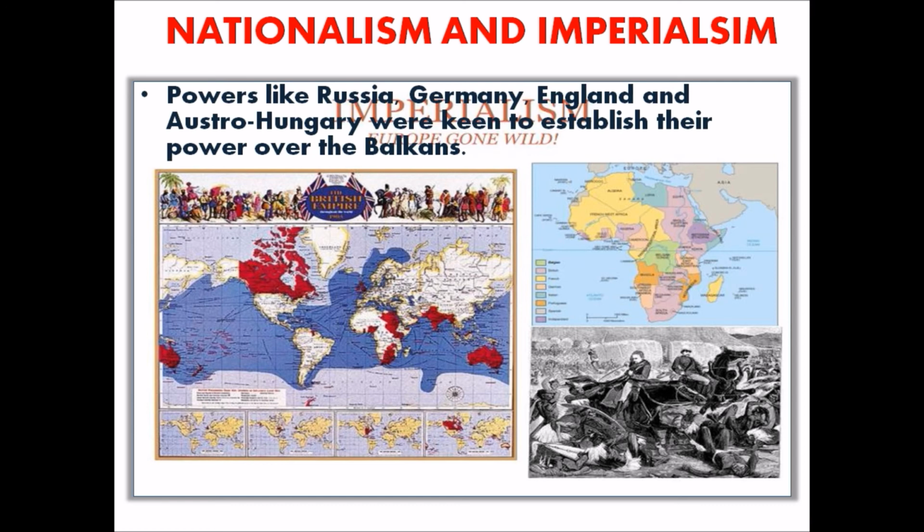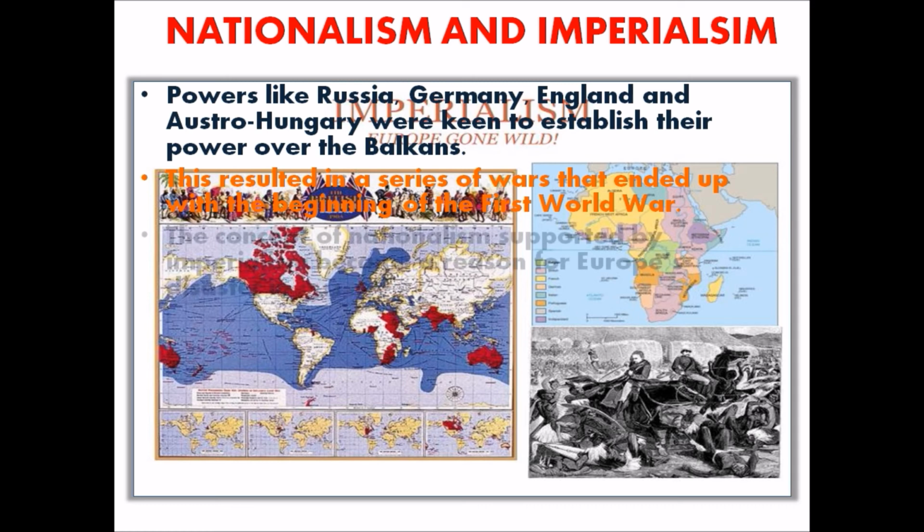Powers like Russia, Germany, England, and Austro-Hungary wanted to establish their power over the Balkans. This resulted in a series of wars that ended up with the beginning of the First World War. The concept of nationalism supported by imperialism became a reason for Europe's disaster in 1914.